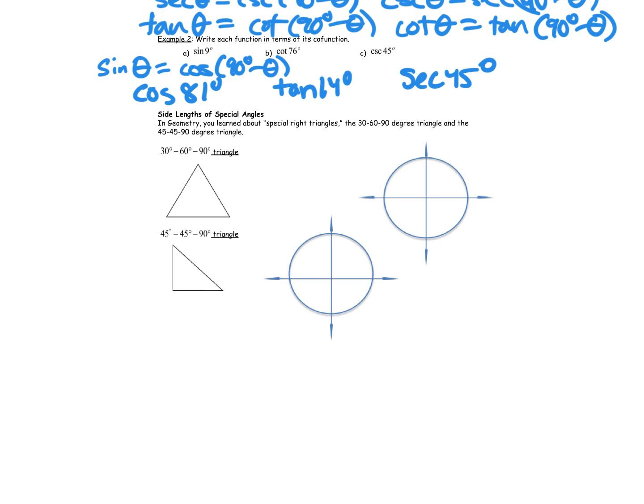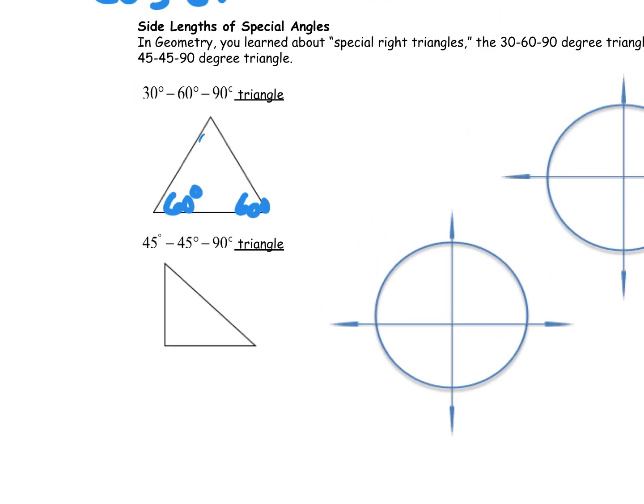We're going to create this 30, 60, 90 triangle, but if I have this equilateral triangle here. So equilateral triangle means the angles are all 60. Need it to be a little bit bigger. And let's drop an altitude. And remember, when I do that in an equilateral triangle, that altitude will bisect that base here.